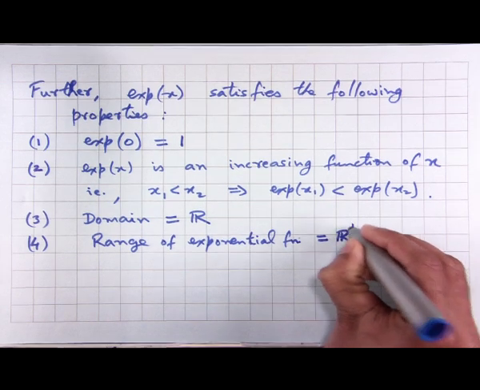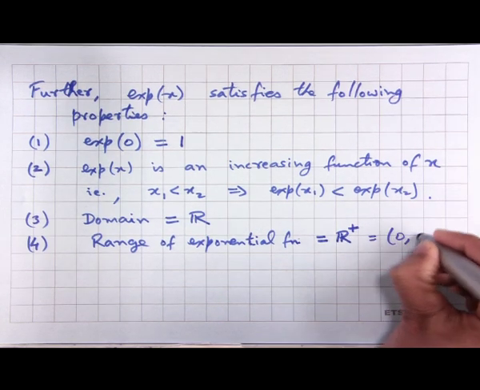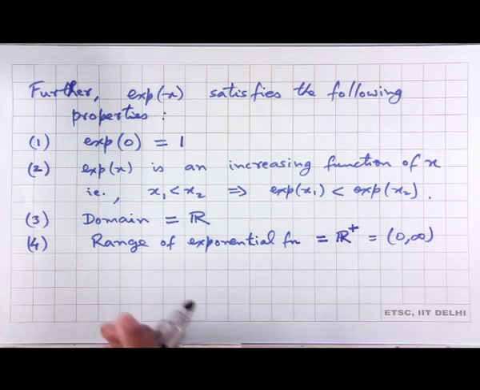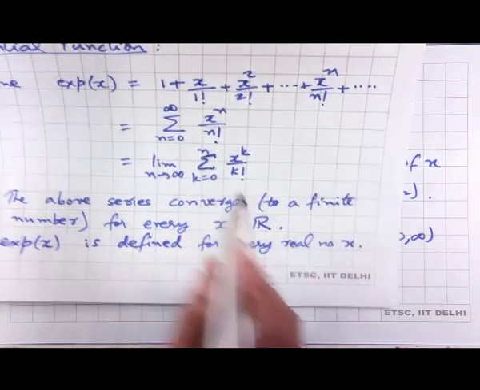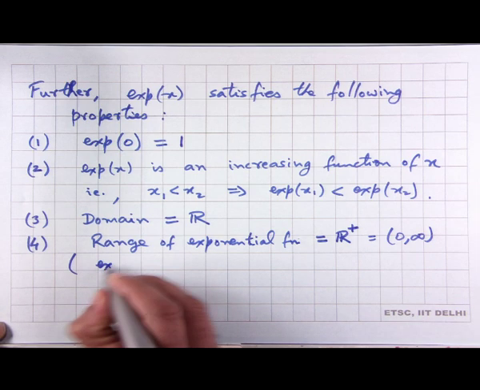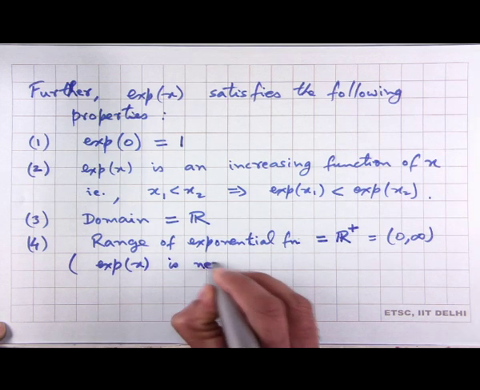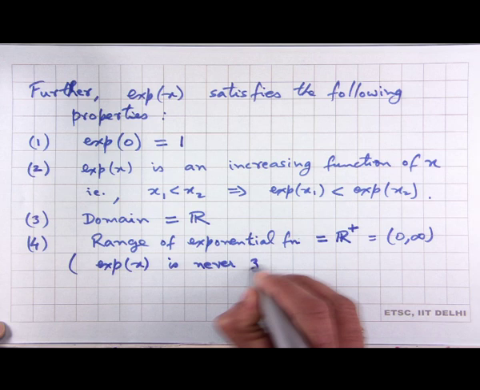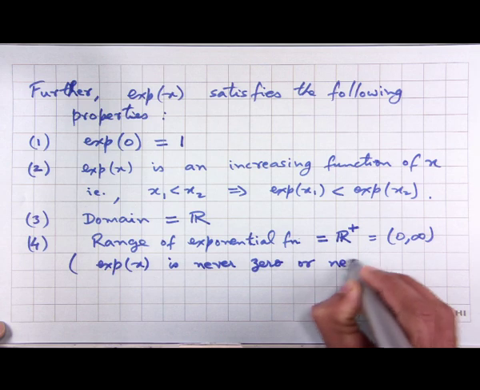We will denote it by R plus, which is equal to (0, infinity). So, exp(x) never takes a negative value or 0 value. Exp(x) is never 0 or negative.